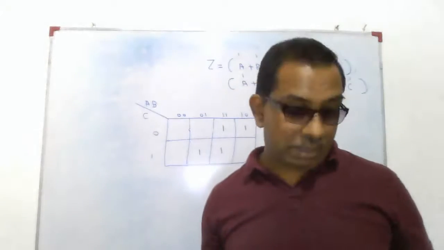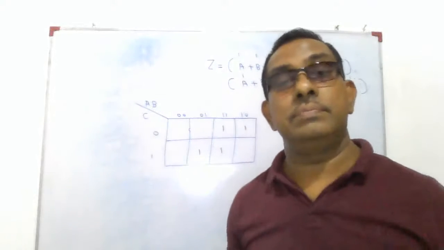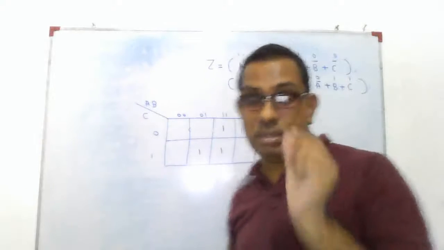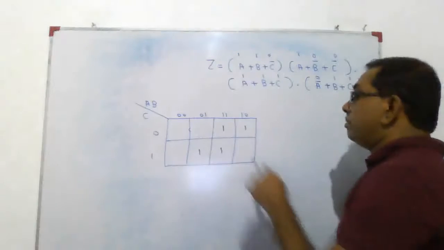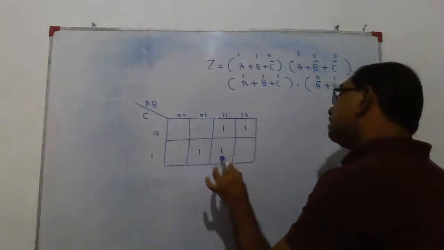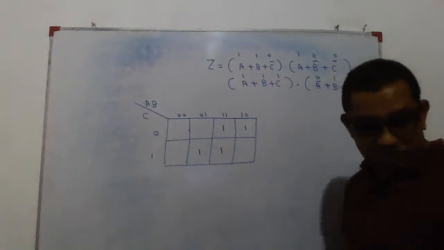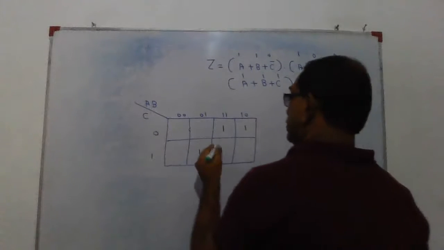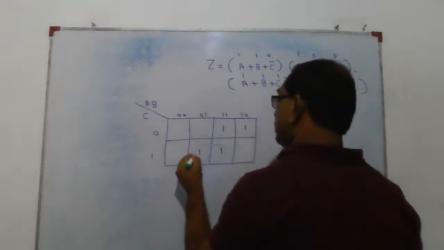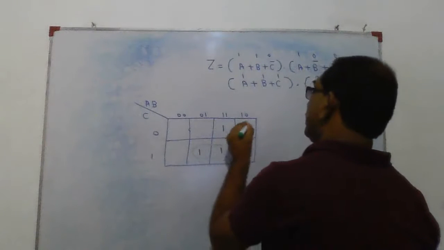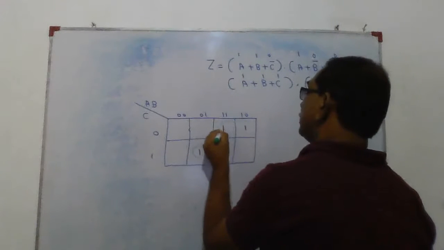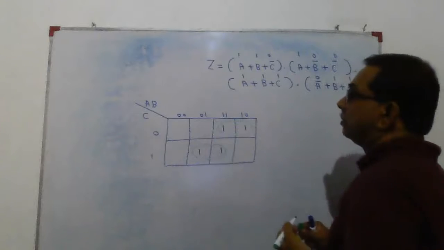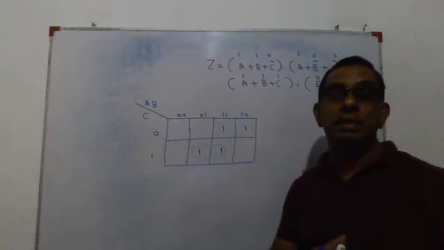So every particular single one should be within at least one group. So what you can do, you can think about such situations. So you group these two and then you group these two. So, this is the way.